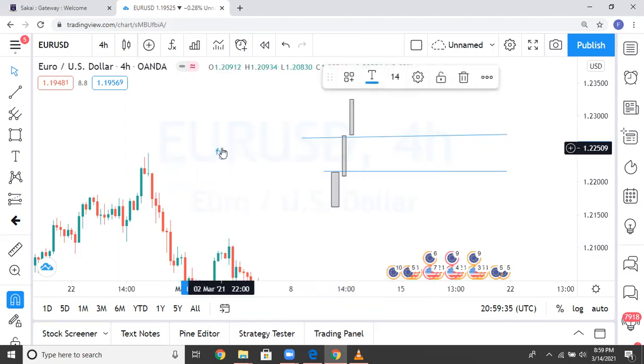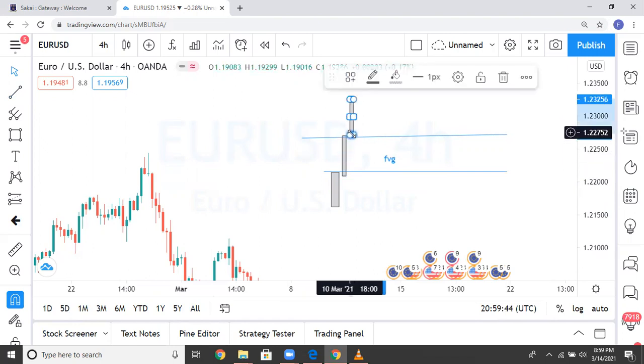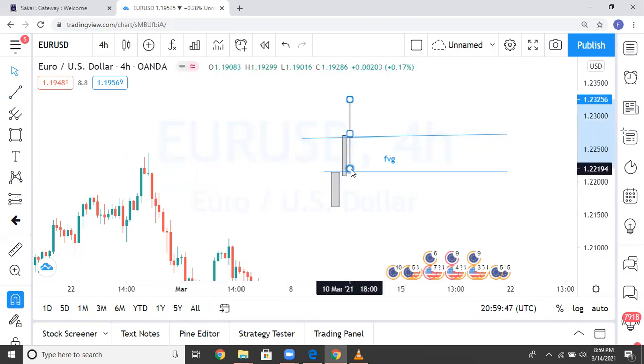The space between the three candles, the middle one, because the upward candle didn't fill. Mostly the upward candle must fill up to this place. But if the upward candle doesn't fill up to this place and it's filled up to here, it means that there is a gap in between.